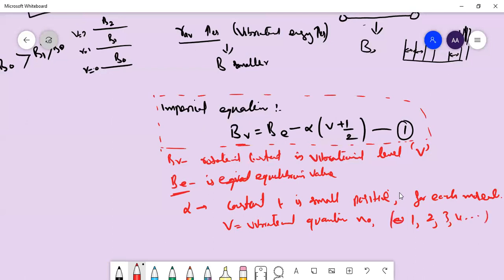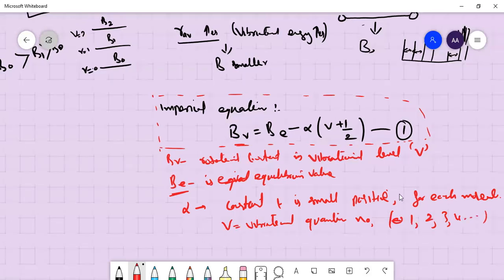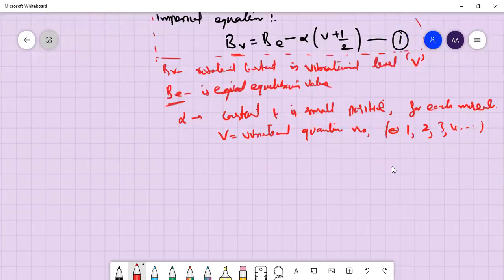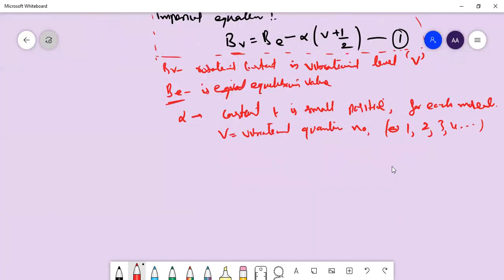These are simple integer values starting from 0 and onwards. So from here onwards, we are restricting our discussion only to the fundamental vibrations.